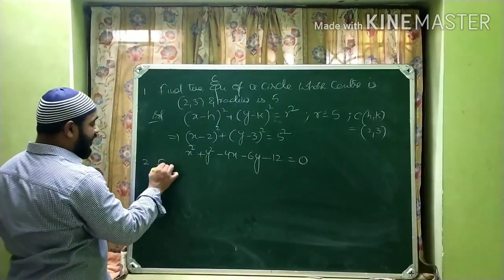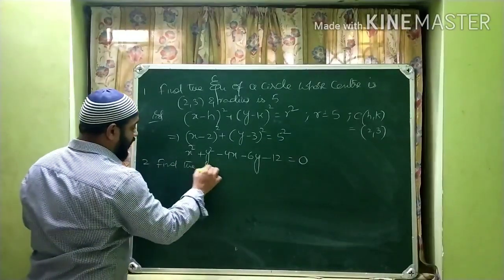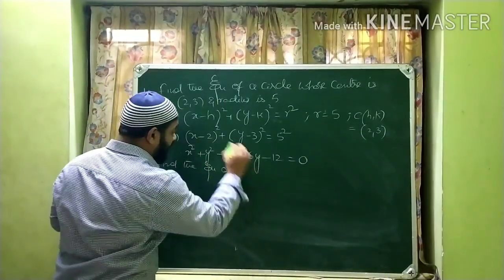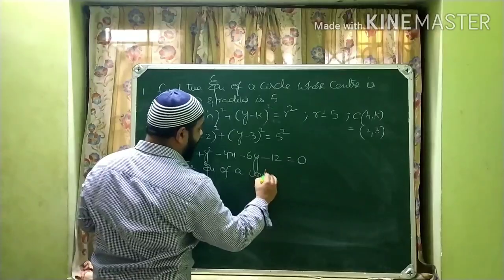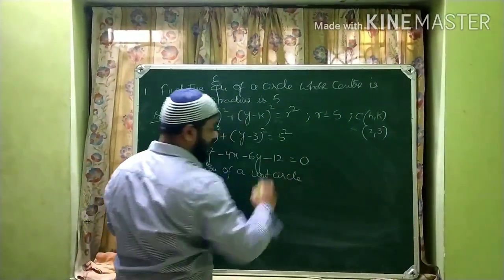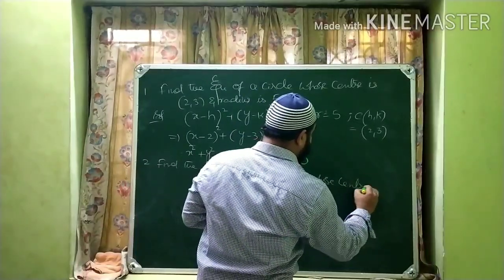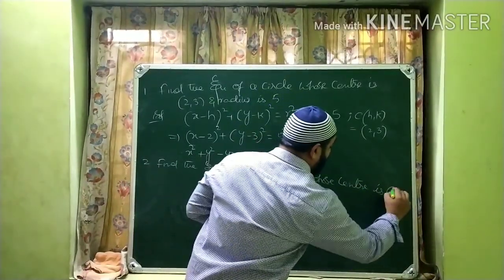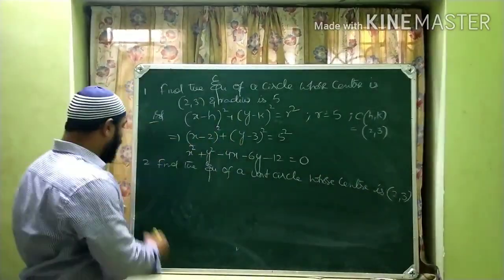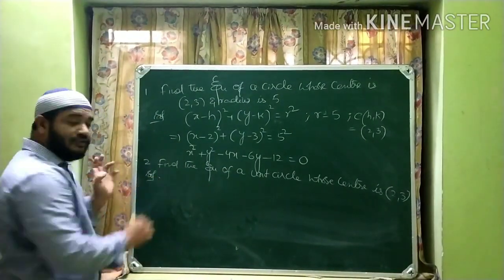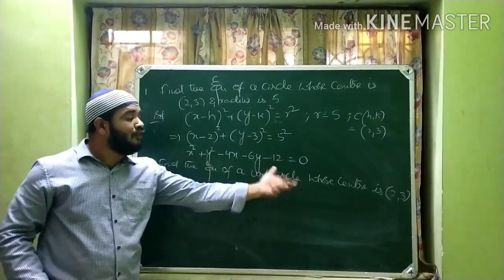Second, find the equation of a unit circle whose center is (2, 3). So what are we looking for? The equation of a unit circle.